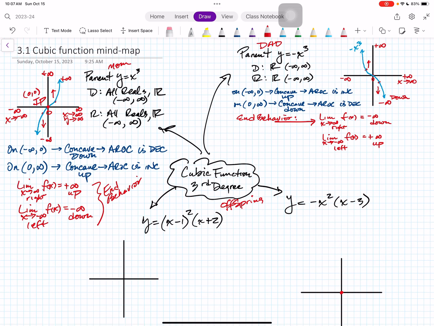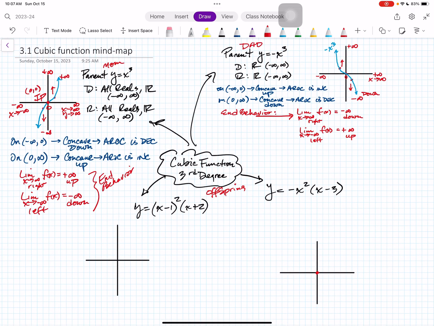Let's talk about the offspring. This first one here on the lower left, let's discuss him. A right here is positive 1, and that implies something.